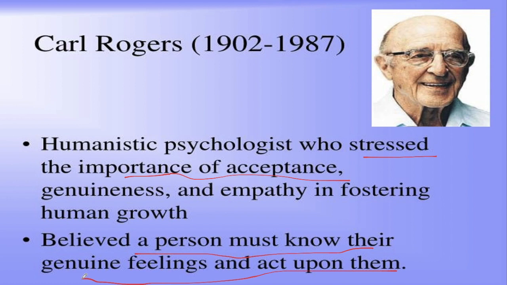For the child to reach his full potential, he needs to accept himself first. He needs to be true to himself, to accept what he is as a person before he can actually self-actualize.